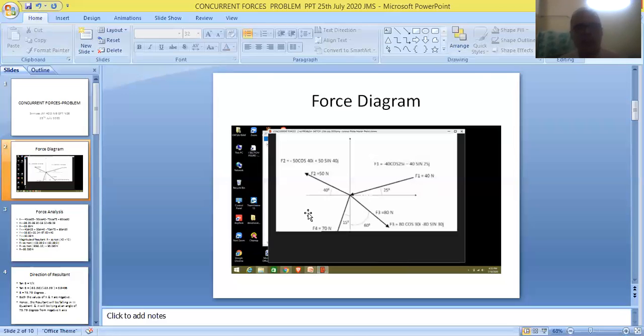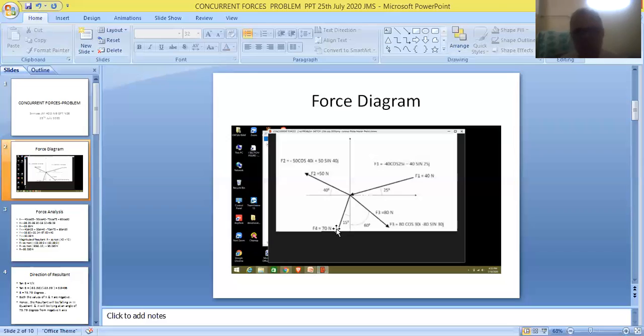And similarly, F2 into cos theta gives the horizontal component of F2. F2 into sin theta gives us the vertical component of F2. Similarly, horizontal component will be equivalent to F3 cos theta. Vertical component will be equivalent to F3 sin theta. Similarly, for F4, horizontal component will be equivalent to F4 cos theta. The vertical component will be equivalent to F4 sin theta.